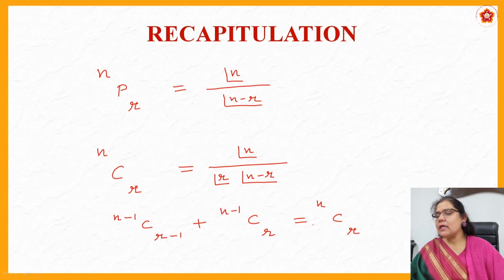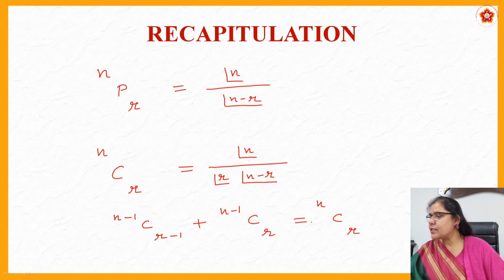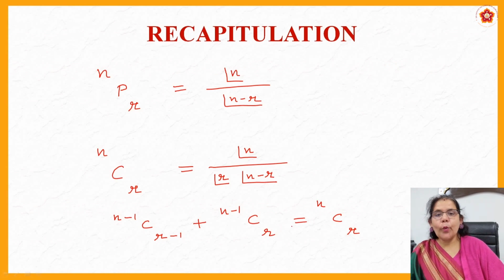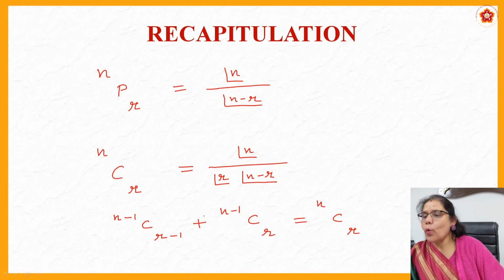In the present class, we are going to do questions based on both permutations as well as combinations. So let's look at the questions which we have, and we'll discuss each question one by one.